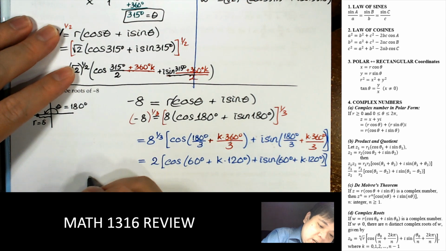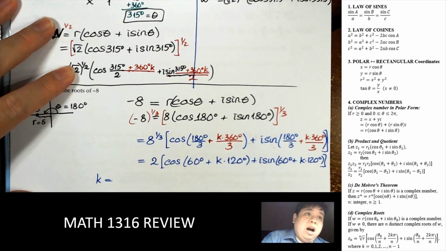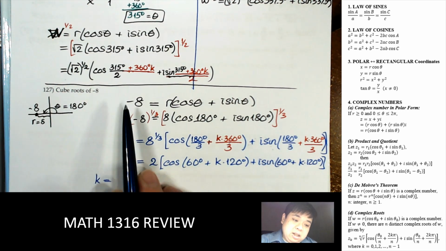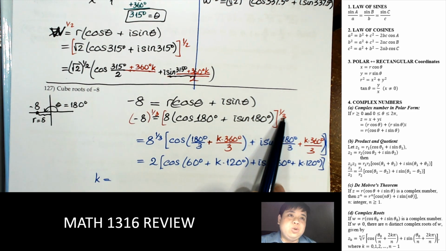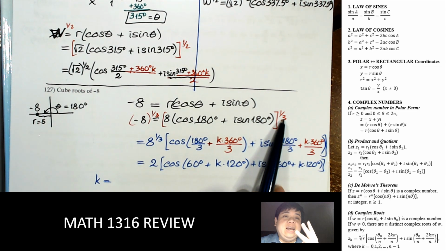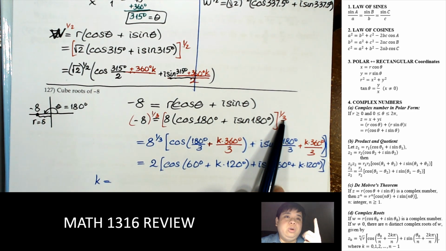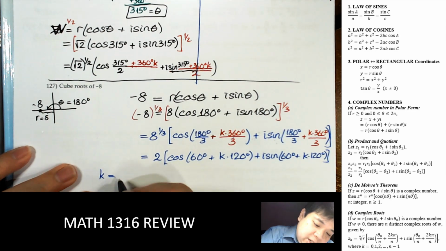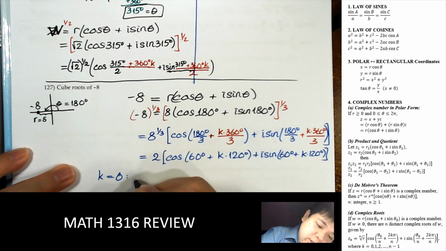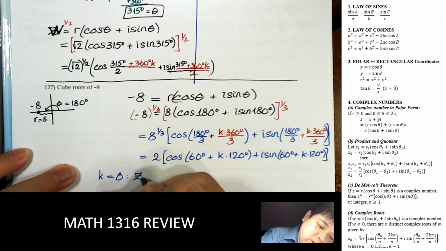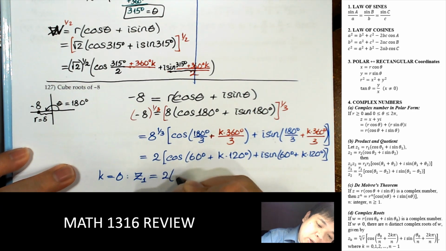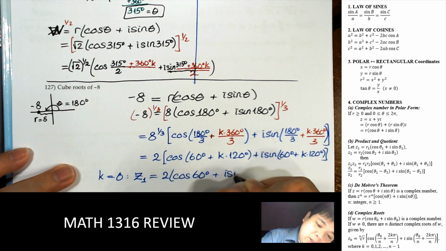Then we'll just say different scenarios where k has to be less than n. N in this case is 3 for the cube root, so k can be 2, 1, or 0. Right. K equals 0. We have the first cube root is 2 cosine of 60 degrees plus I sine of 60 degrees.